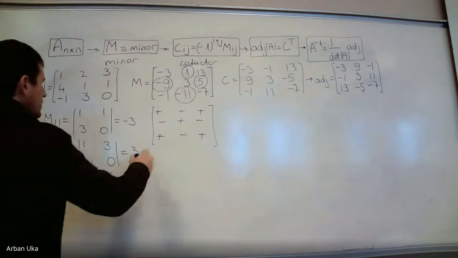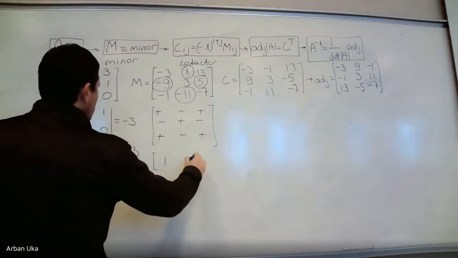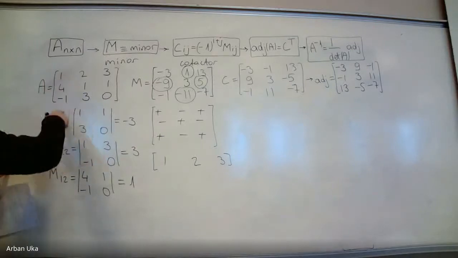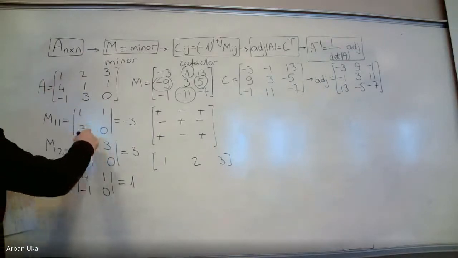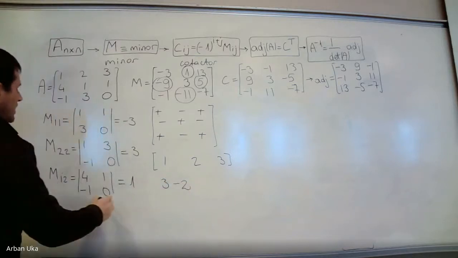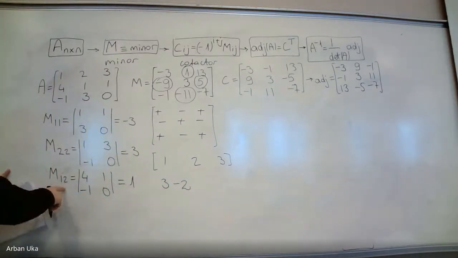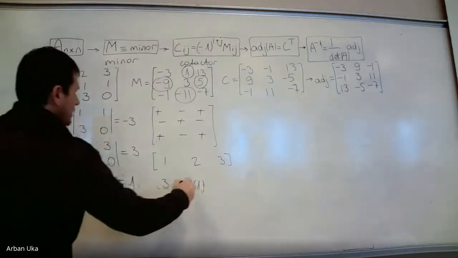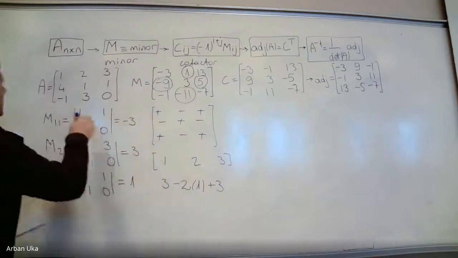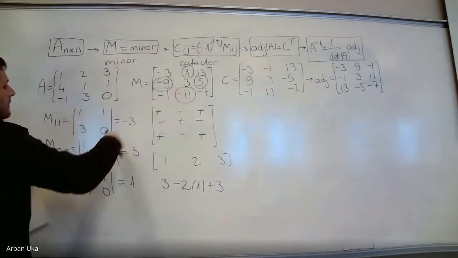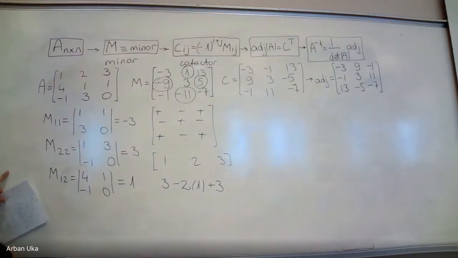If we expand along the first row, which is 1, 2, 3, we're going to get this determinant. 1 times 3, so this is 3, minus 2 times M12, 2 times 1, plus 3 times, actually we have all of these numbers here. Minus plus 3 times, so 3 minus 2, 3, 13, yes.